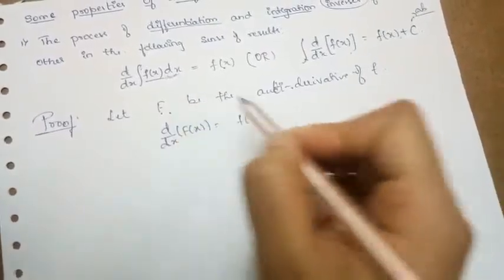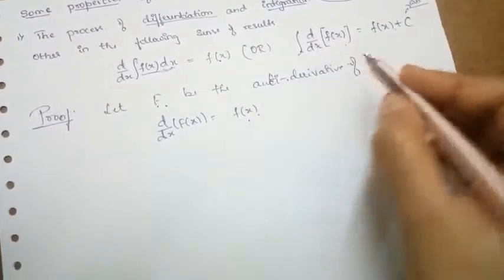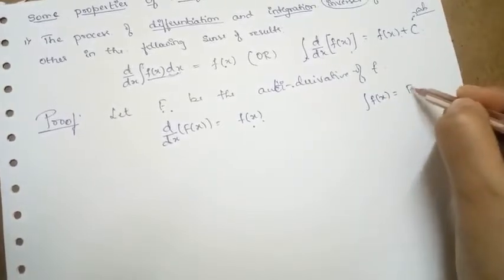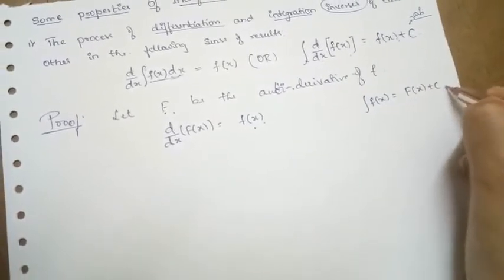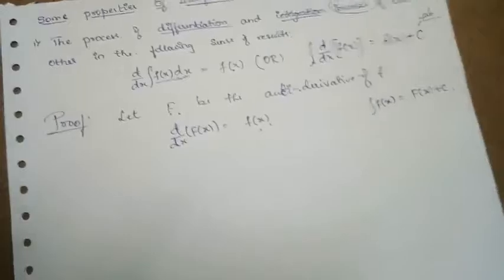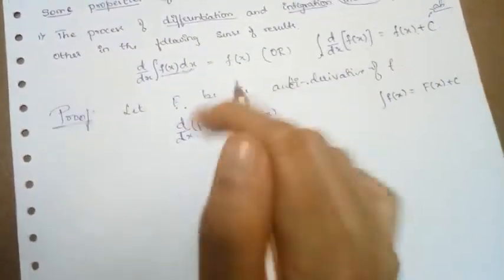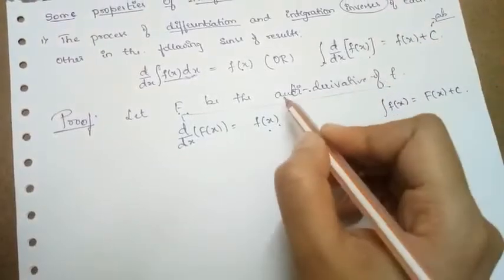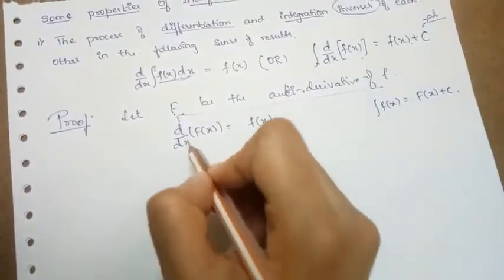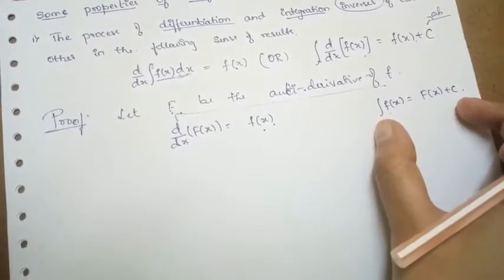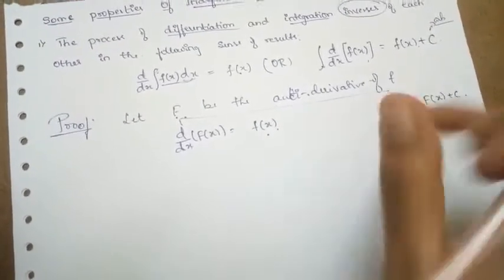So F is the antiderivative of f of x. Or suppose I integrate f of x, what am I going to get? F of x plus c, where F of x is the antiderivative of small f of x. This is what the statement is saying. One thing represented in differentiation is expressed in terms of integration.